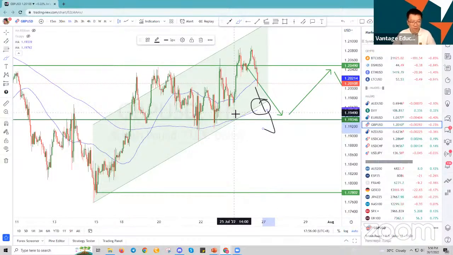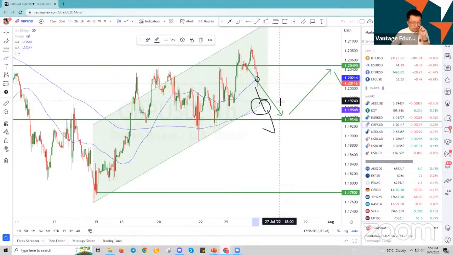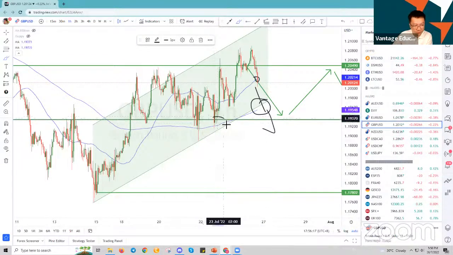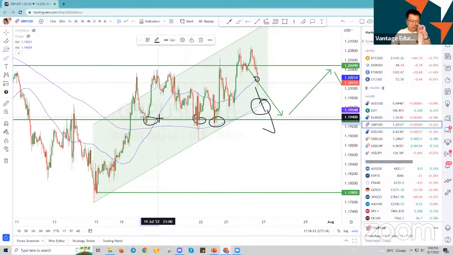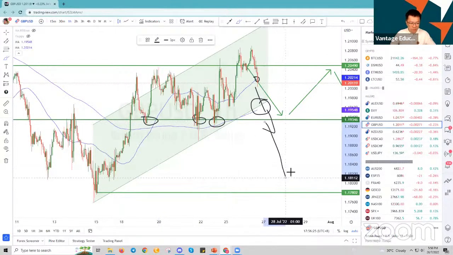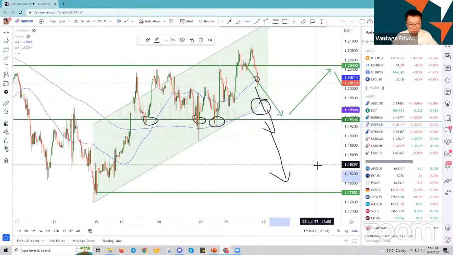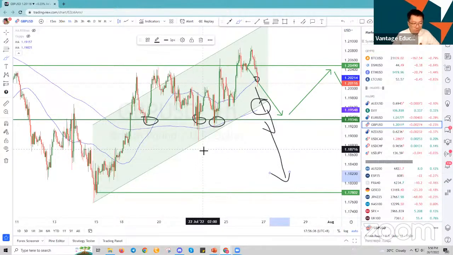So putting a few things together, moving average first already broken there, breaking below the channel, breaking below the next moving average, the 200 moving average there, breaking below or potentially breaking below a support level, which was tested several times over the last couple of weeks. If all that breaks, we can possibly see the pound dollar track significantly lower. I wouldn't say it'll go down to 1.1780. I would say that we do have a few other levels to consider, but it could have a significant downside.